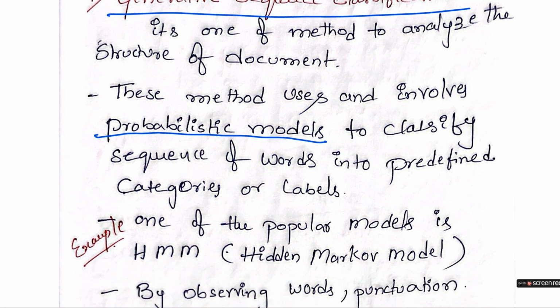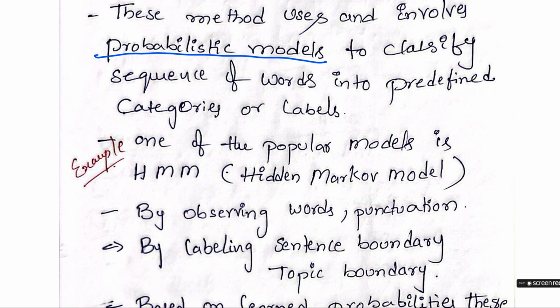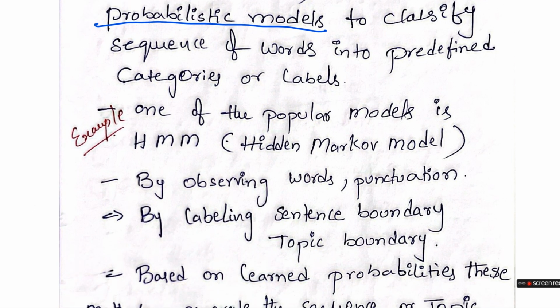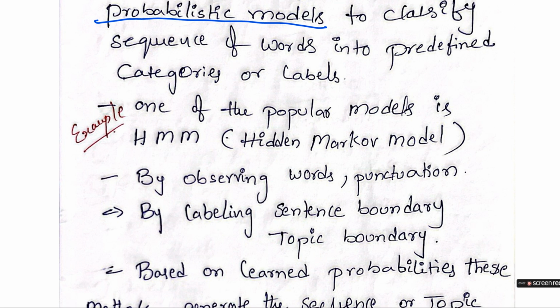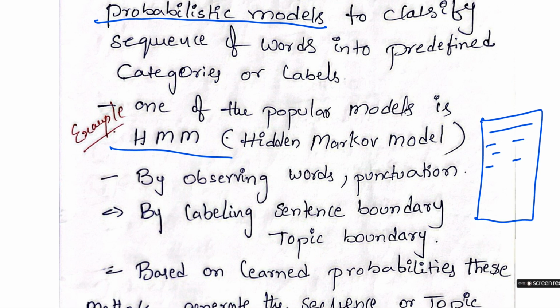Okay, so here we'll consider one simple example. The most popular example, I think everyone knows, who studied mathematics backgrounds. That model is HMM. HMM means hidden Markov model. So how will this hidden Markov model work? What is the concept we use in this hidden Markov model? Suppose you have one document. In this document there are a number of words, a number of sentences, a number of topics, and a number of paragraphs, right?